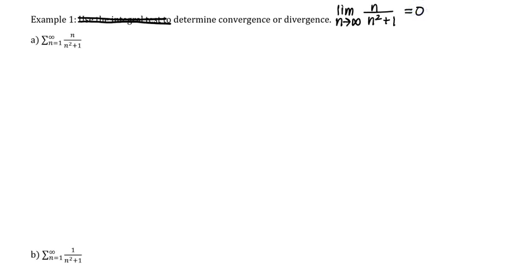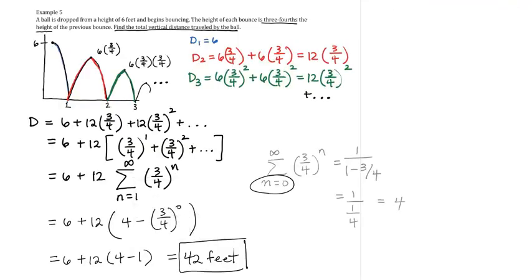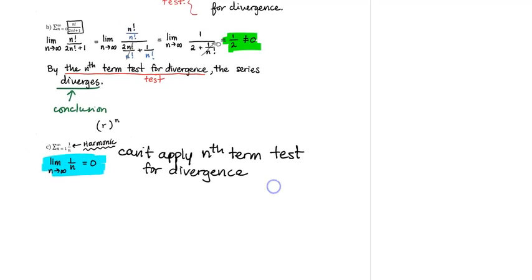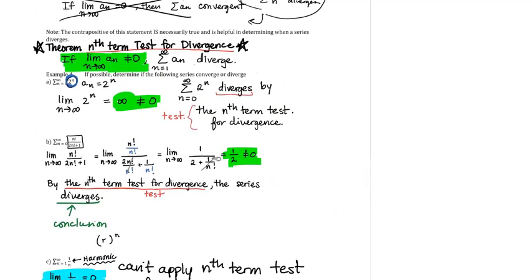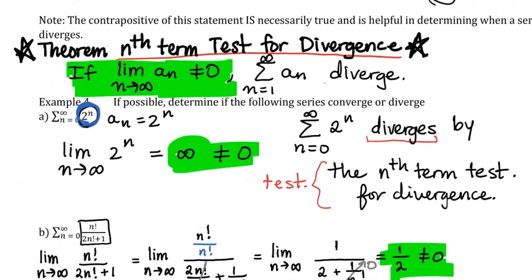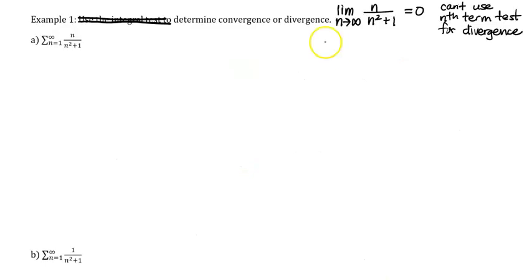What does that tell me from the previous lesson? It tells me that I can't use the nth term test for divergence. Remember from section 9.2, the nth term test for divergence only applies if the limit is not 0. Our limit is 0. So that test does not help me.